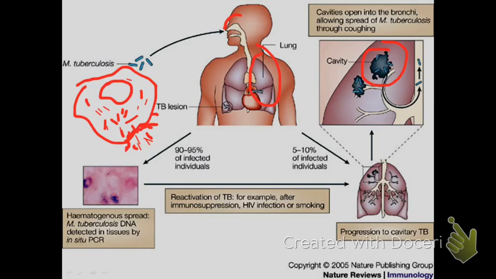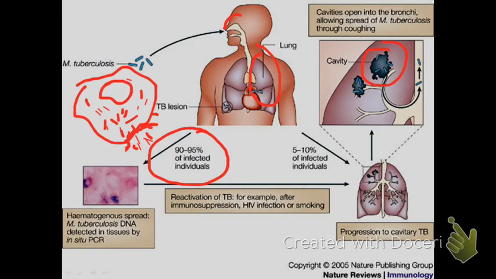Okay, so it says here that 90 to 95% of infected individuals would have the hematogenous spread. Okay, and it is detected by PCR in situ, which means that you usually get the specimen from the site of the infection.